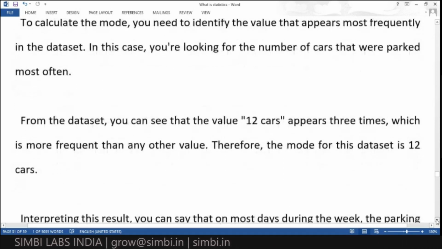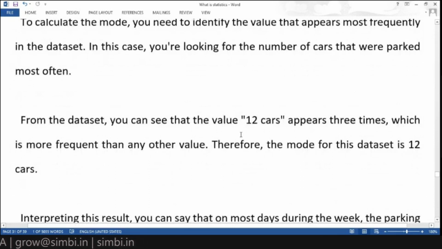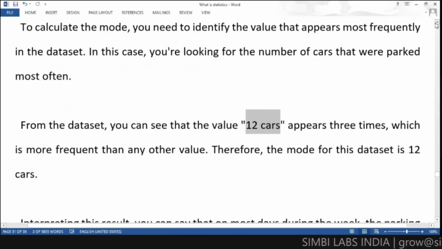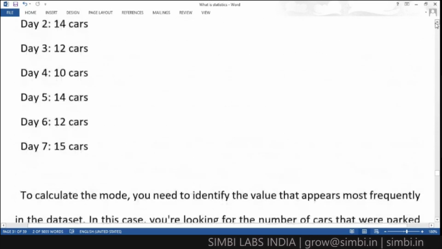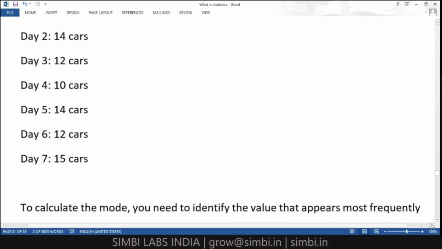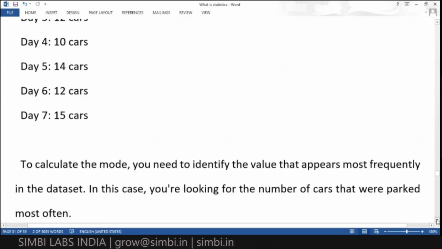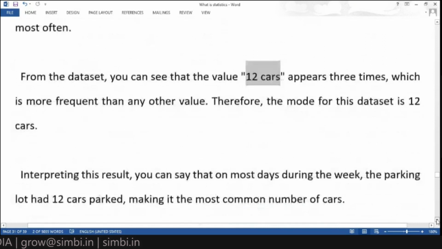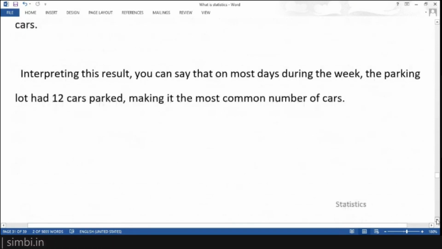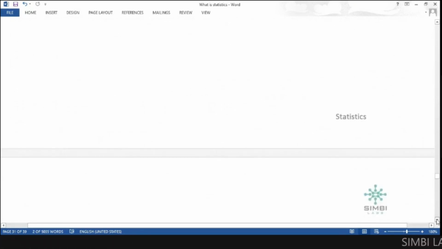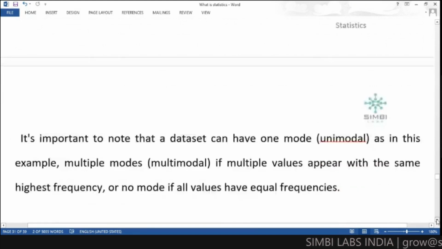So from that we can see 3 times 12 cars came. The mode for this data set is 12 cars. We can present the information like that. So the mode means the value that was repeating frequently.